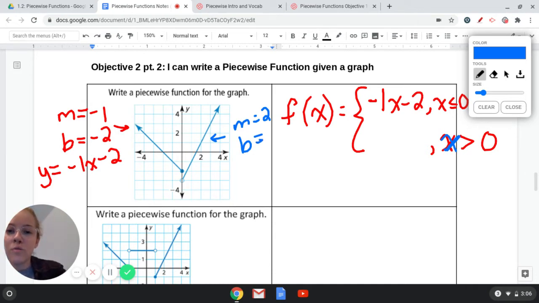It approaches this value down here, which is -3. But that is taken care of right here. So that means this equation is y equals mx, so 2x, plus b, so -3. So that is this expression, 2x minus 3.